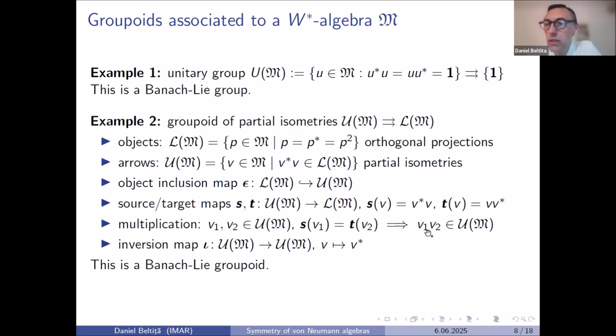And this ensures that the product is again a partial isometry, as it could happen that if we don't have this condition, a product of partial isometries is not a partial isometry. And the inversion map is given by the adjoint. This is the typical Banach-Lie groupoid, so these sets have the structure of Banach manifold, and the corresponding maps are submersions and so on.